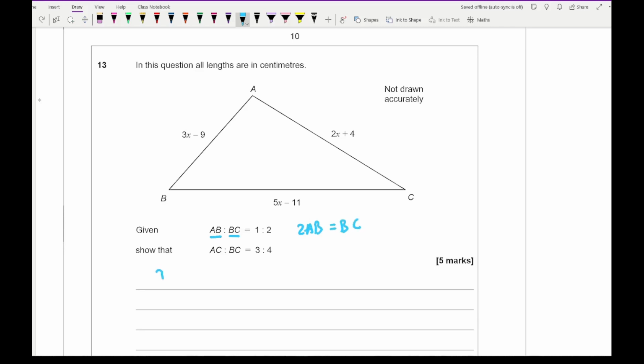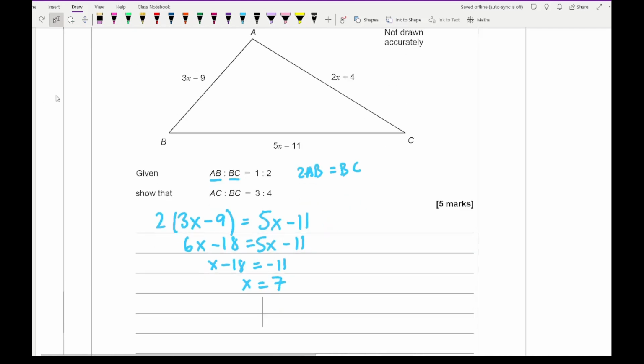So from this, I've got 2 lots of AB, which is 3x minus 9, is going to be equal to BC, which is 5x minus 11. If I expand the brackets out, I get 6x minus 18 equals 5x minus 11. So x minus 18 equals minus 11. So x equals 7.